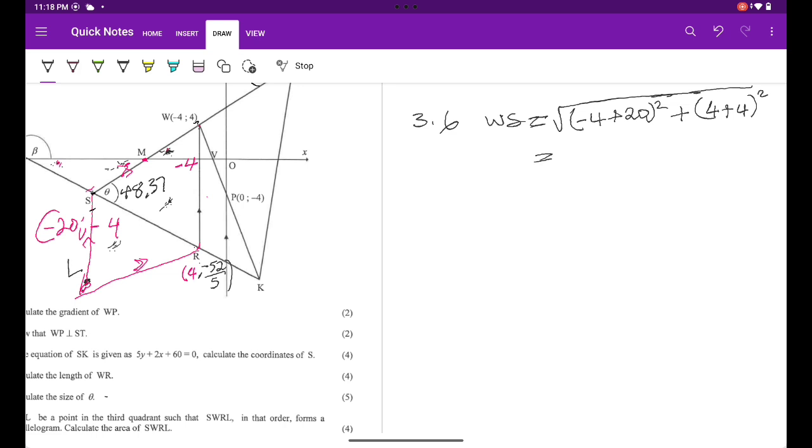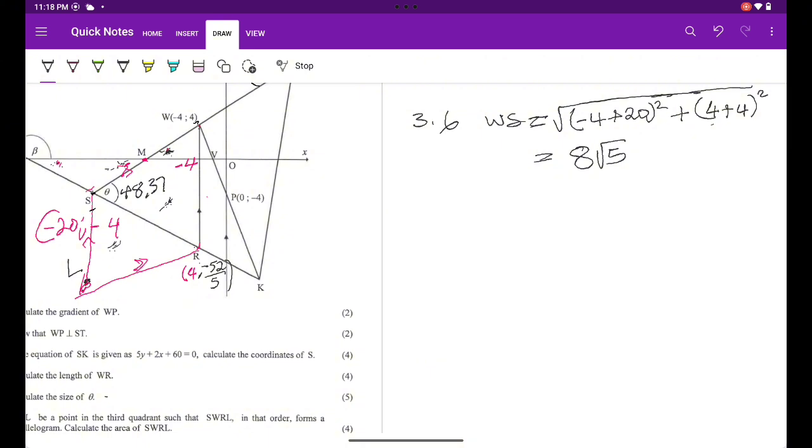So the length of WS, this is 16 squared plus 16 squared, so it's the square root of 16 squared. If we just punch that on our calculators, and then plus 4 plus 4, it's 8, so it's actually 8 squared. Right, so the whole thing will give us 8 the square root of 5. Right, that is the length of WS.